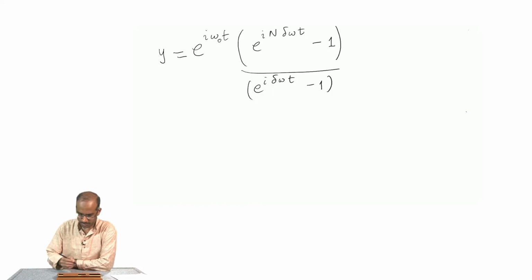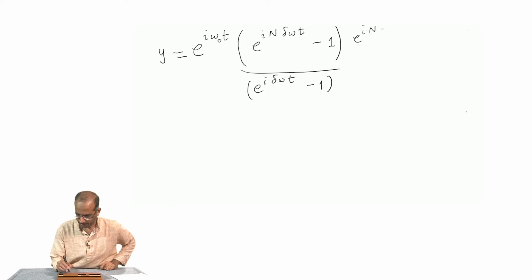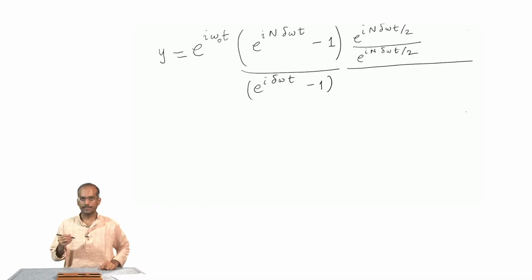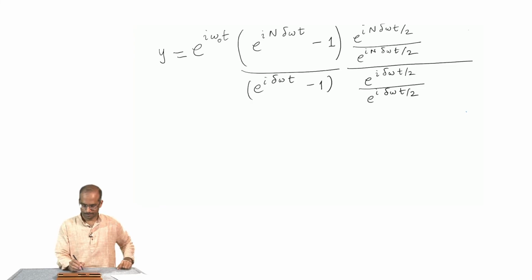Now what we shall do is simple manipulations on this. First, I will multiply and divide by e power i n delta omega t by 2, and similarly in the denominator I am going to do a similar manipulation. I will multiply and divide by e power i delta omega into t by 2. Now you can see what will happen.